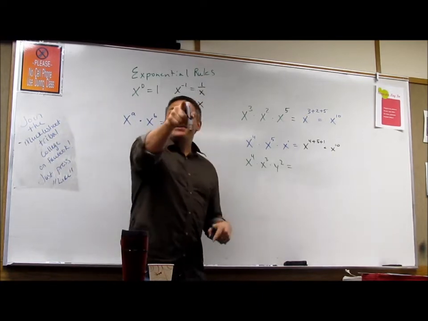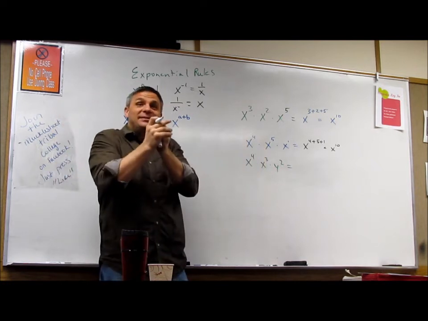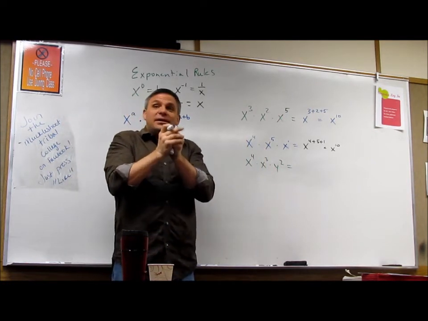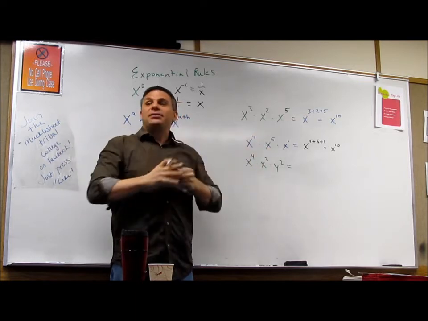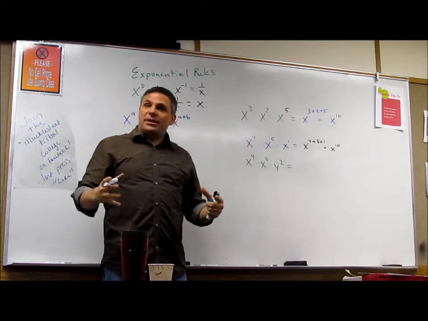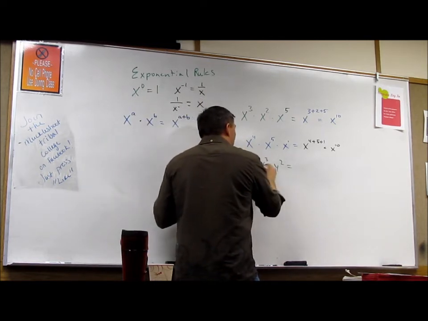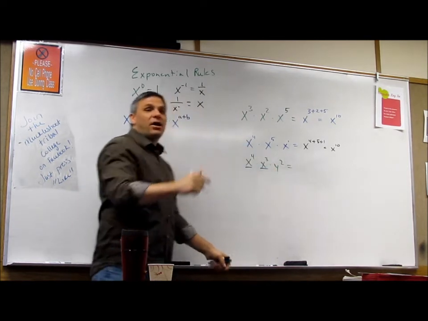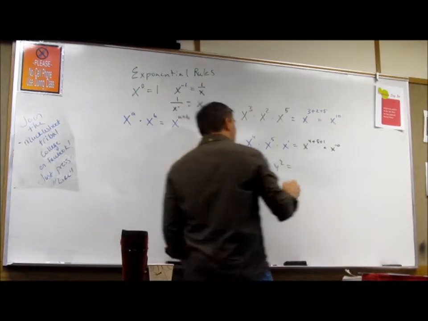See, the other day you didn't remember, and you tried to put the x's and y's together, and you have to remember this isn't a smoothie. We can't put bananas and apples together. Bananas and apples are separate. They have to stay separate. So the x's are like.